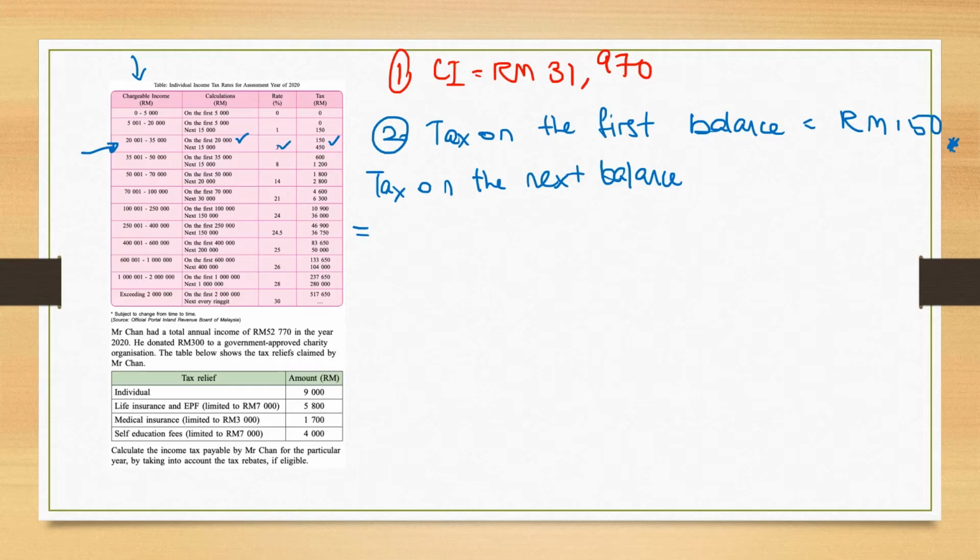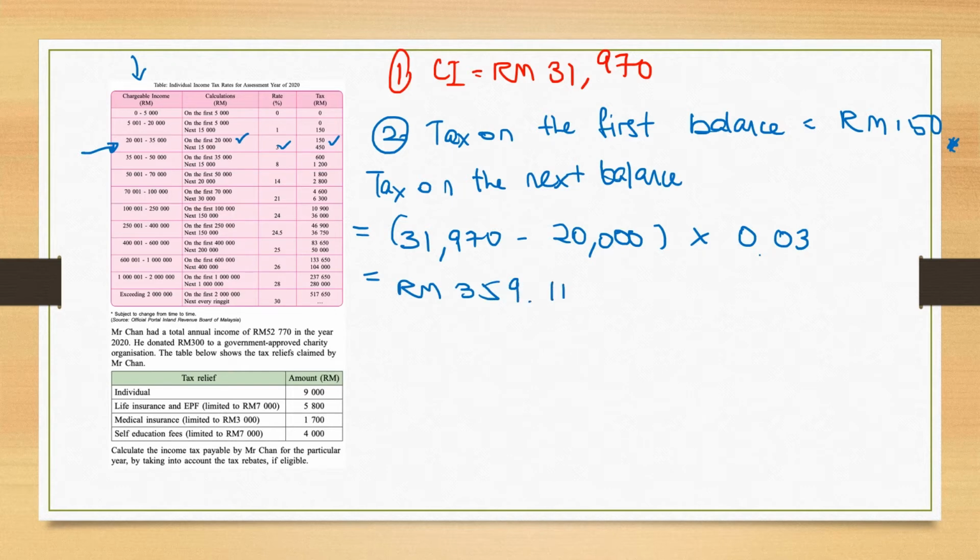Look at your chargeable income of 31,970 ringgit and then minus this figure right here, 20,000, and then times your 3% tax rate, or in other words 0.03. Once you've done that, you get your income tax of 359 ringgit and 10 cents. There you go, you've calculated your income tax already.